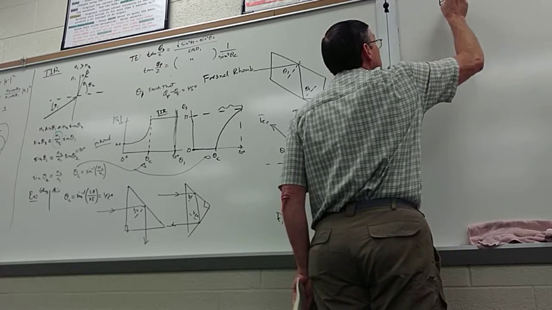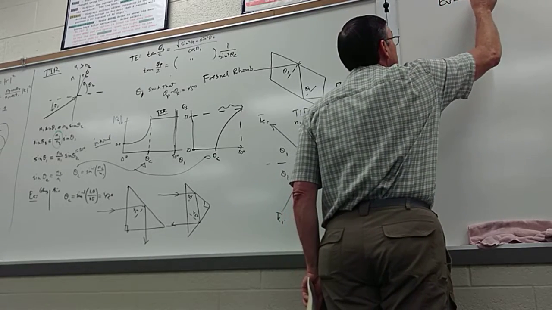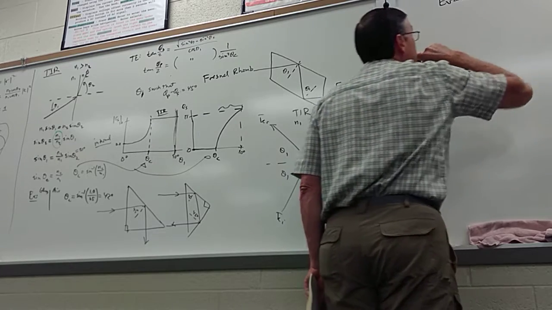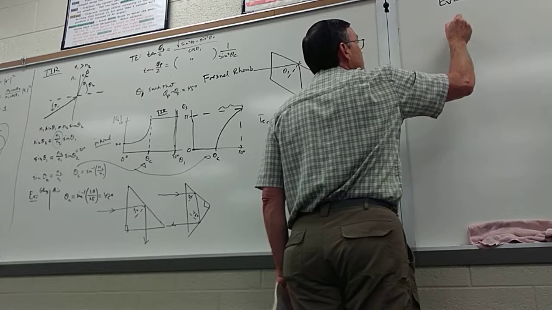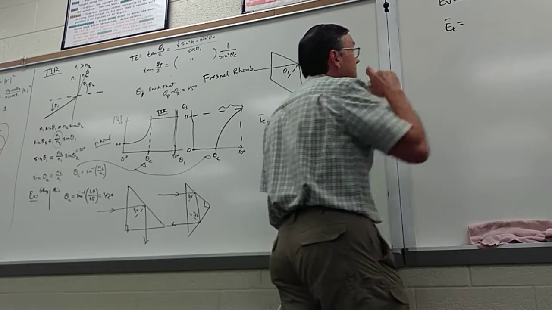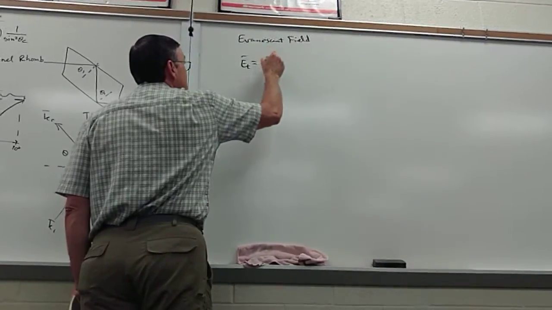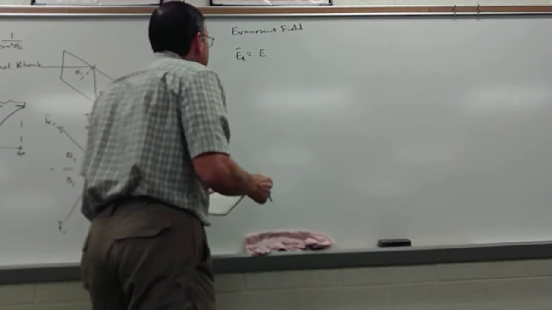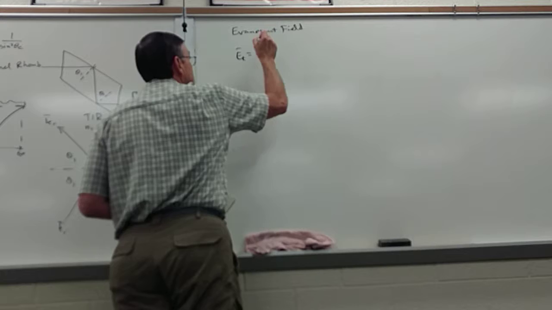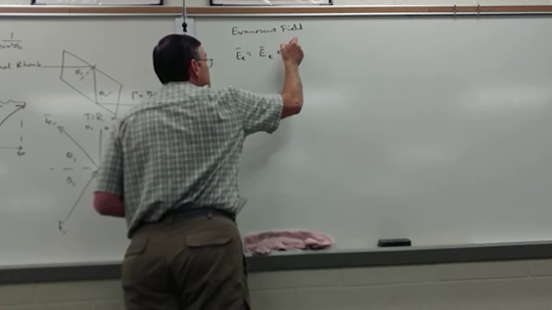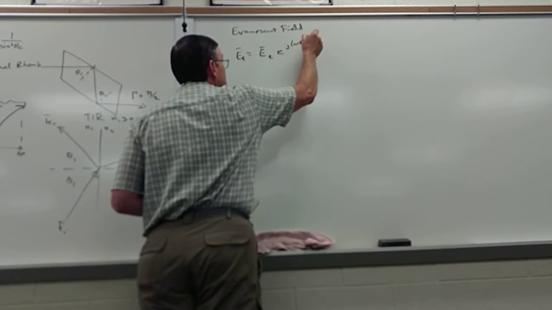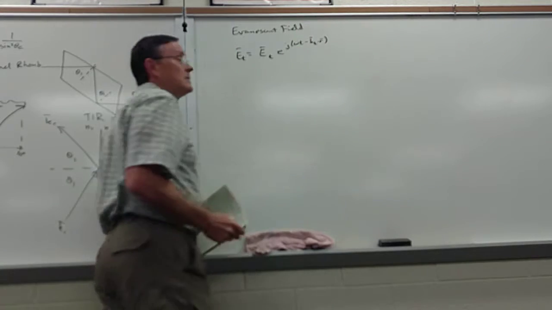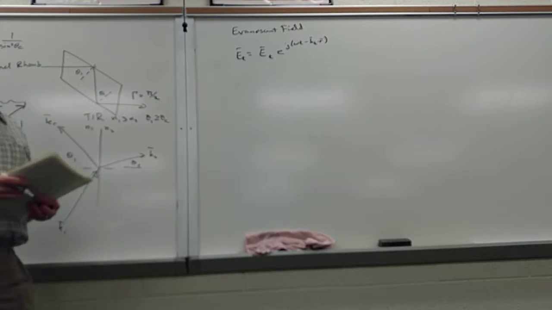So we have an evanescent field. So we can formally write the transmitted electric field as some constant complex vector Et times e to the j(omega t minus k sub t dot r). Right? We can always write that.